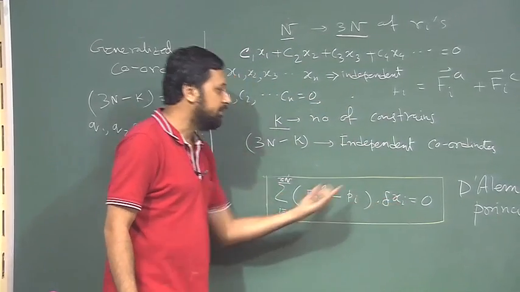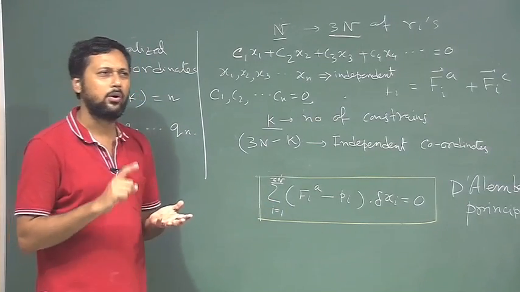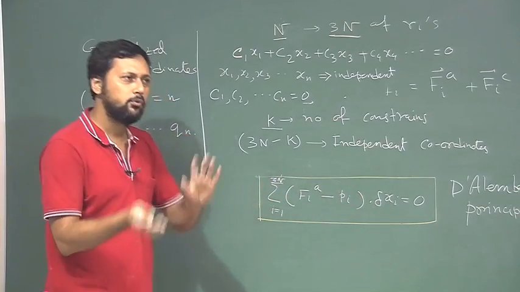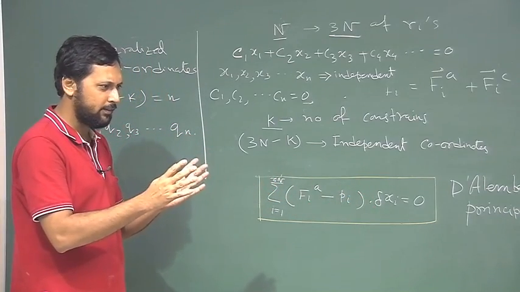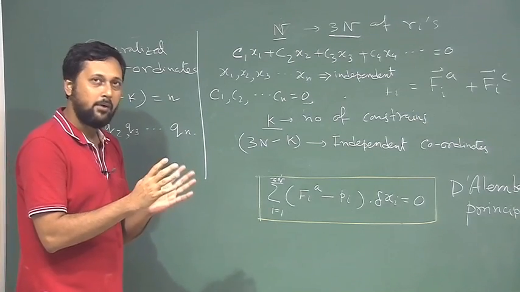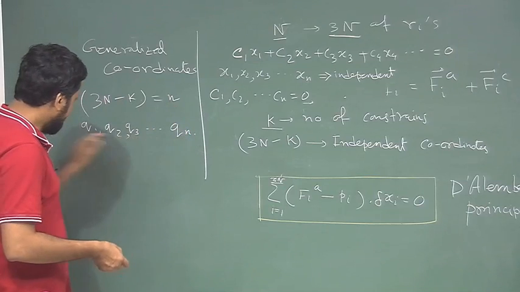So, let us assume these are our orthogonal coordinate systems, either spherical polar or standard orthogonal coordinates. And we want to move into a set of independent coordinates, at par with the number of independent coordinates required.